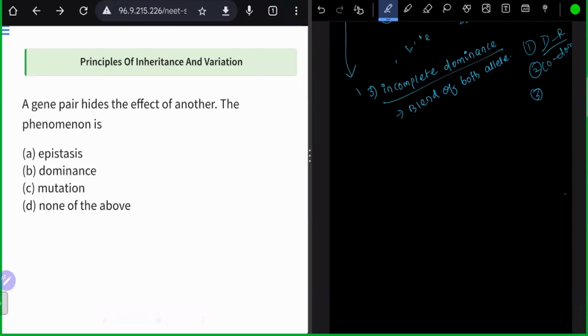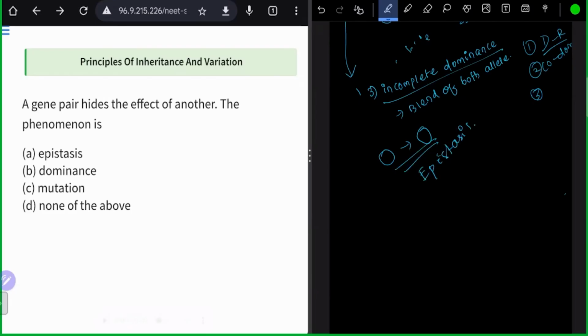Now, one terminology you need to remember: if one gene pair hides the effect of another gene pair, it is not dominance, because here it is not one allele hiding the effect of another, but one gene pair hiding the effect of the other. So here the effect is epistasis.